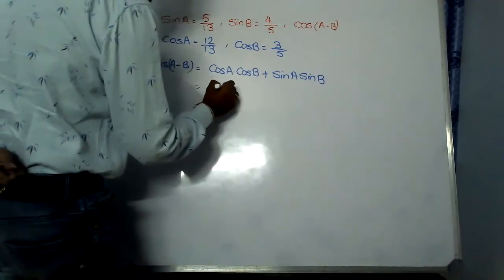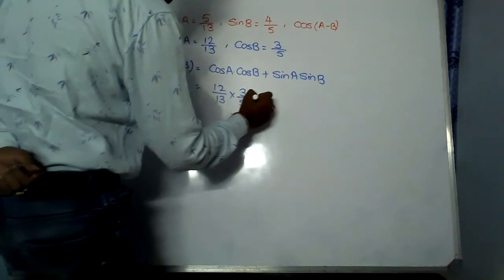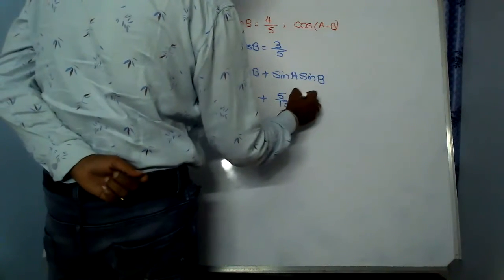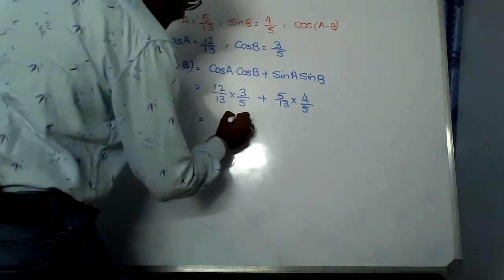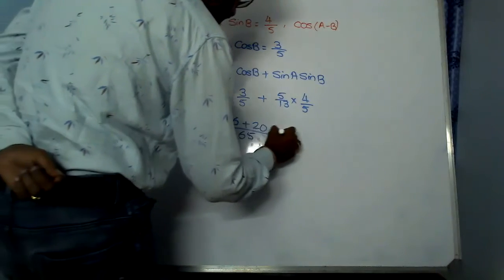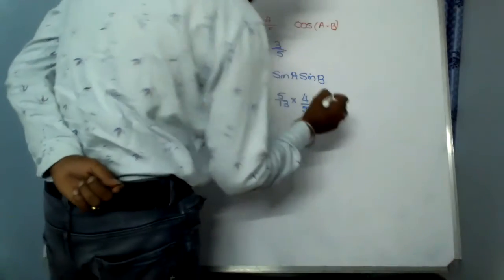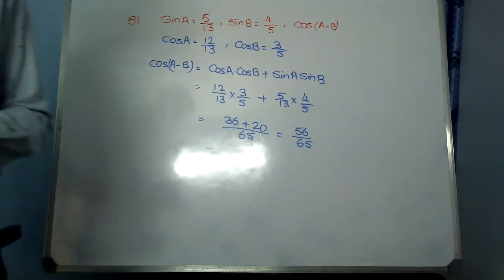So I'll just substitute now, it's 12 by 13 into 3 divided by 5 plus 5 by 13 into 4 divided by 5. So what do I get here? 36 plus 20 divided by 65, that is 56 by 65. Okay, is it divisible by anything? I don't think so.